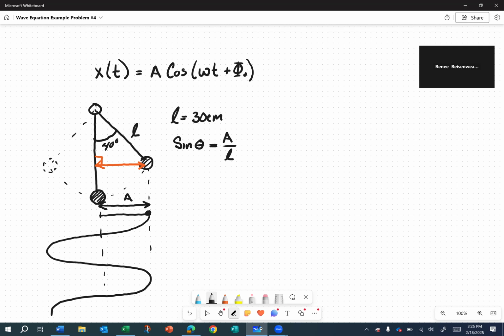So we know theta to be 40 degrees. Solving for A, that's going to be L sine theta. A is going to be our length of 30 centimeters times the sine of 40 degrees. So the first value that we can determine is the amplitude of our wave to be 19.28 centimeters.